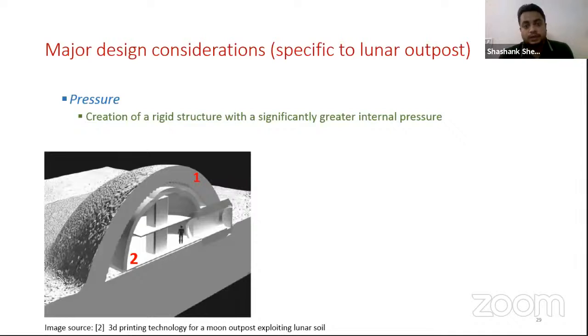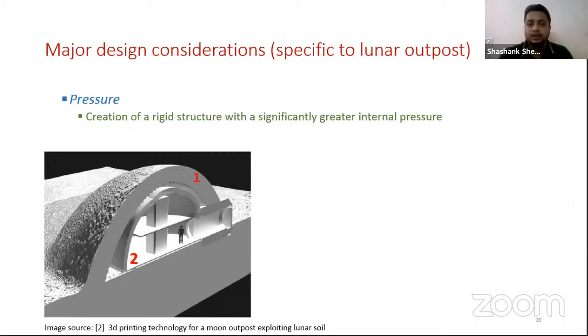Then another thing would be the pressure, because of the environment on Moon and Mars. We have to ensure that there is a pressurized chamber where people can live. So we can do two things: either we have just a shell, and in that shell we have a pressurized chamber module, which can either touch or take support from the outer shell, or not.